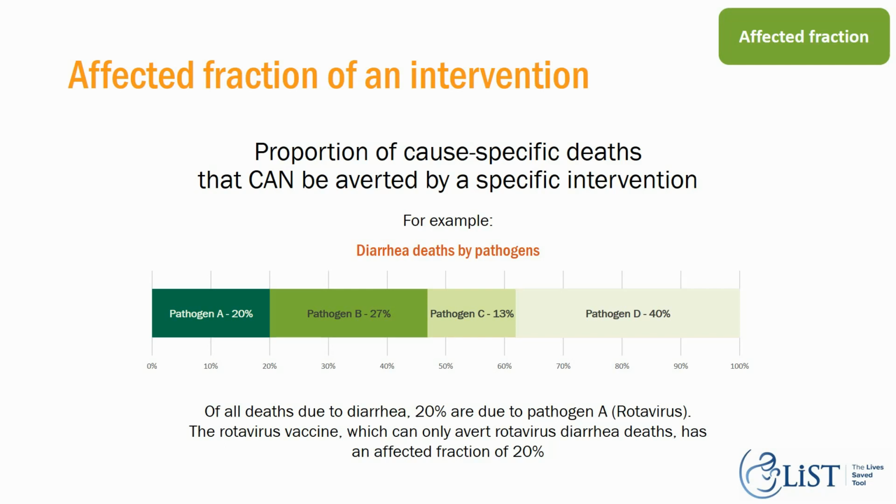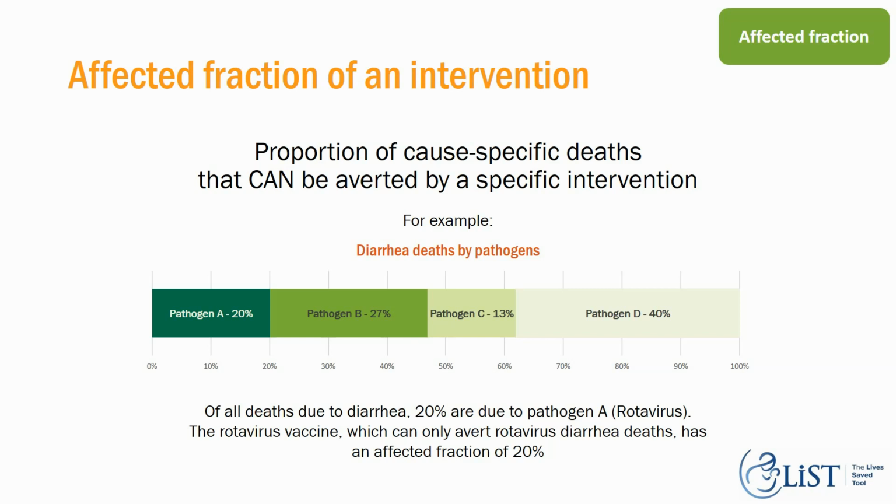In this case, we have 4 different pathogens, each with a different affected fraction. Now, 20% of these diarrhea deaths are due to pathogen A, which is rotavirus. So based on this, we say that the affected fraction of diarrhea death affected by rotavirus is 20%.